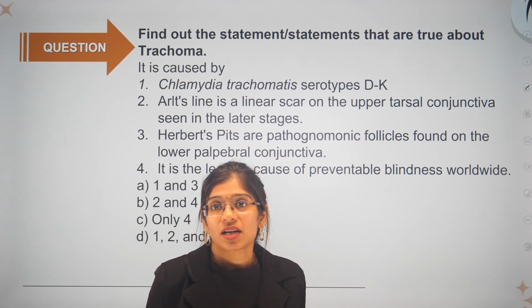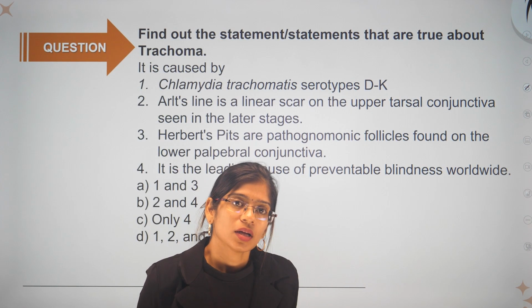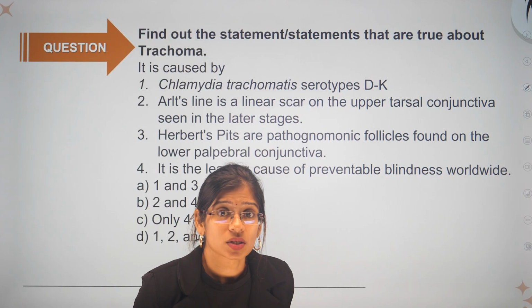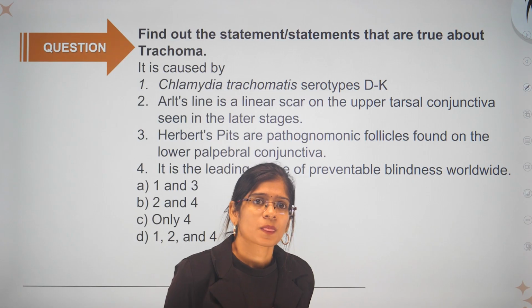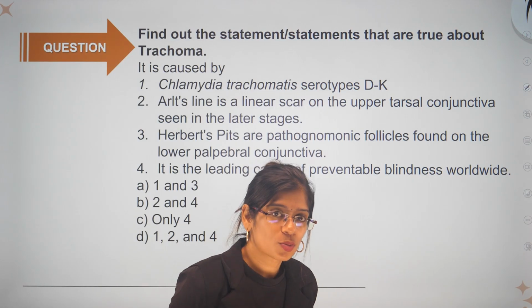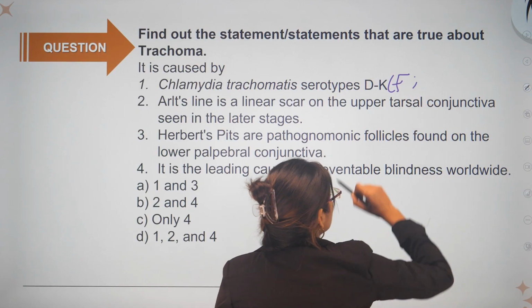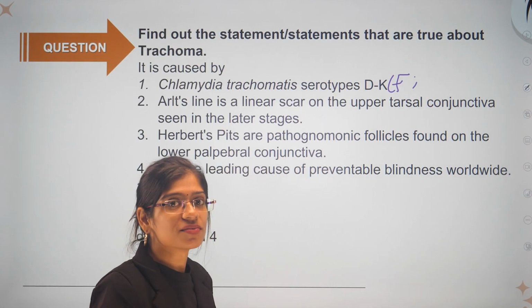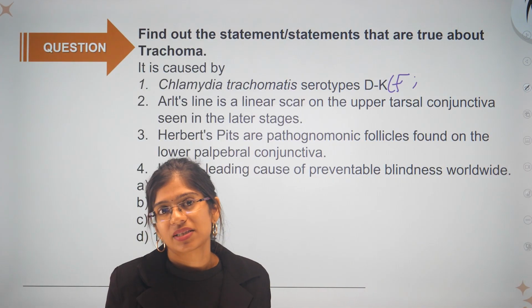Find out the statements that are true about trachoma. It is caused by Chlamydia trachomatis serotypes D to K? No. For trachoma, it is the A serotypes, A, B, C. So this is false. D to K causes genital infections. Arlt's line is a linear scar on the upper tarsal conjunctiva seen in the later stages.